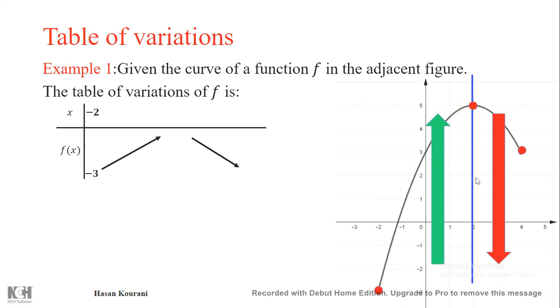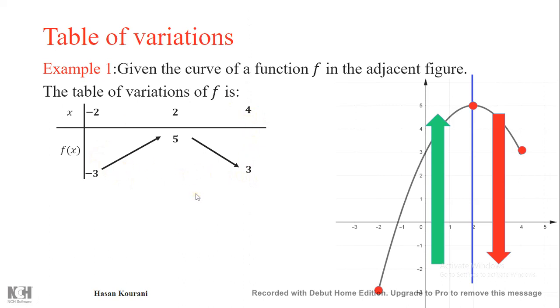This point is of coordinates 2, 5, so we place 2 in the x row and 5 in the y row. Here we have the last point, whose coordinates are 4, 3. Similarly, we place them in the correct way, 4 with the x values and 3 with the y values.